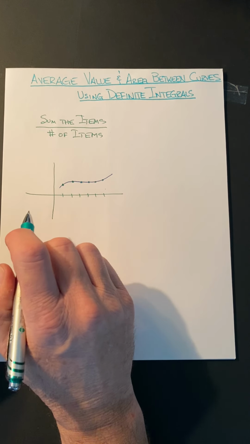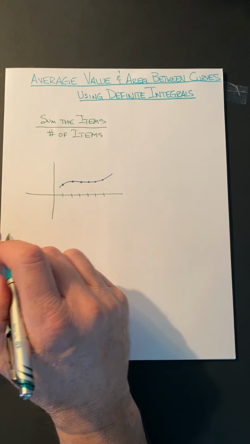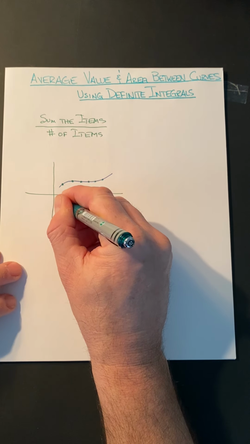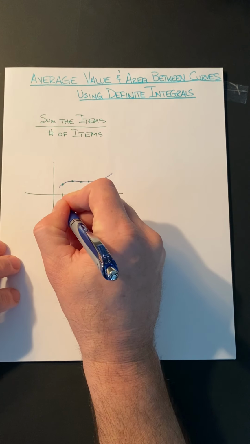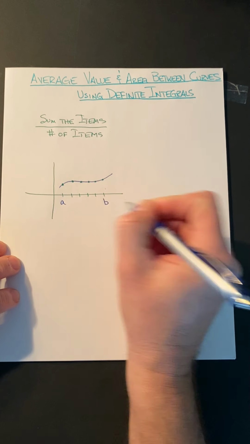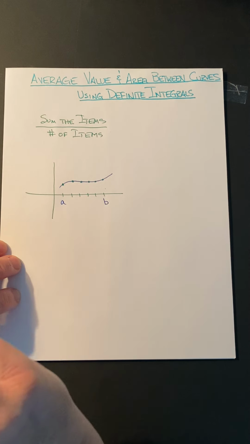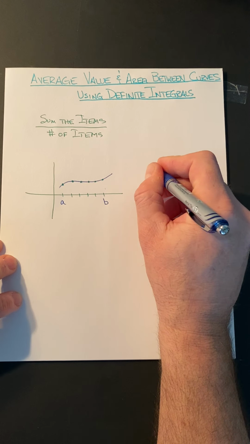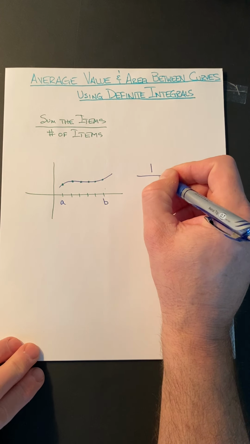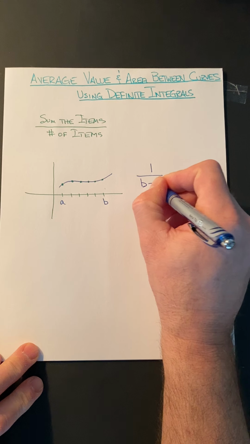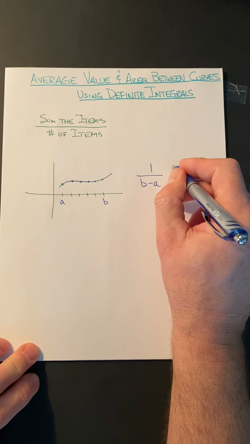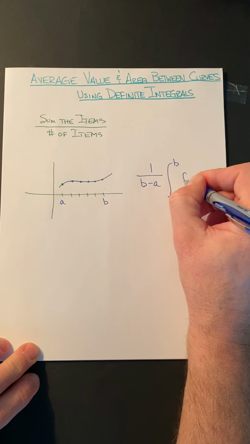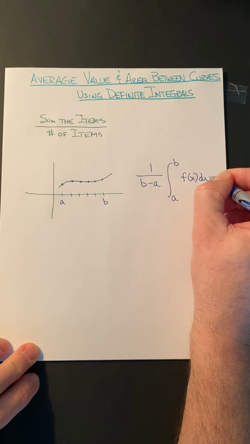So we have a way of doing that using a definite integral that works really, really well. So if this here is A and that is our B, then the average between A and B is going to be 1 over the difference between A and B, and then the integral from A to B of whatever our function is.